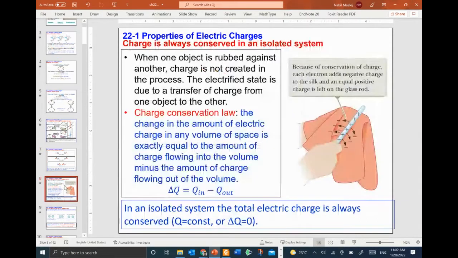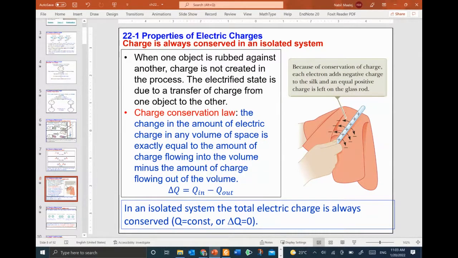Then we mentioned the concept of conservation of charge. We said if you have an isolated system, that means there is no external charges coming in or going out, then the charge is conserved. The change in the charge is equal to 0, or you can say the charge is constant. So if you rub two materials against each other, you just have the negative charges that accumulate on one material and the positive charge on the other material.